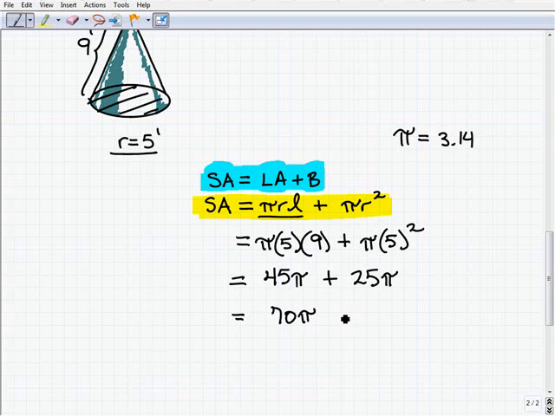That's one thing you can do to make your calculations a little bit easier. Now let's take 70 and multiply it by 3.14, and we get 219.8. Once again, let's not forget about our units of measure. We're talking feet, so that's feet squared. So that is the total surface area.